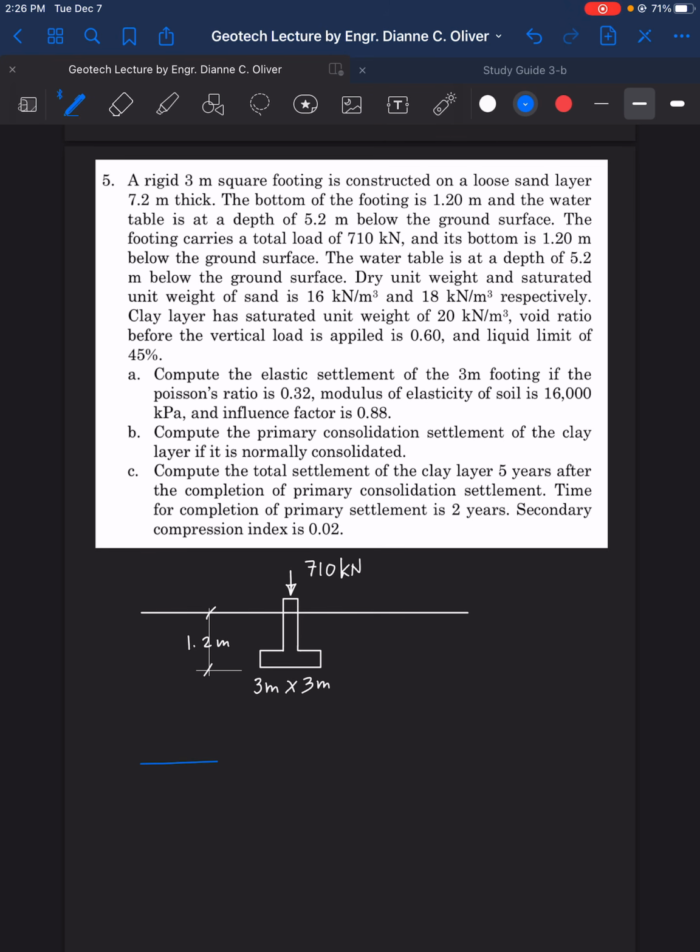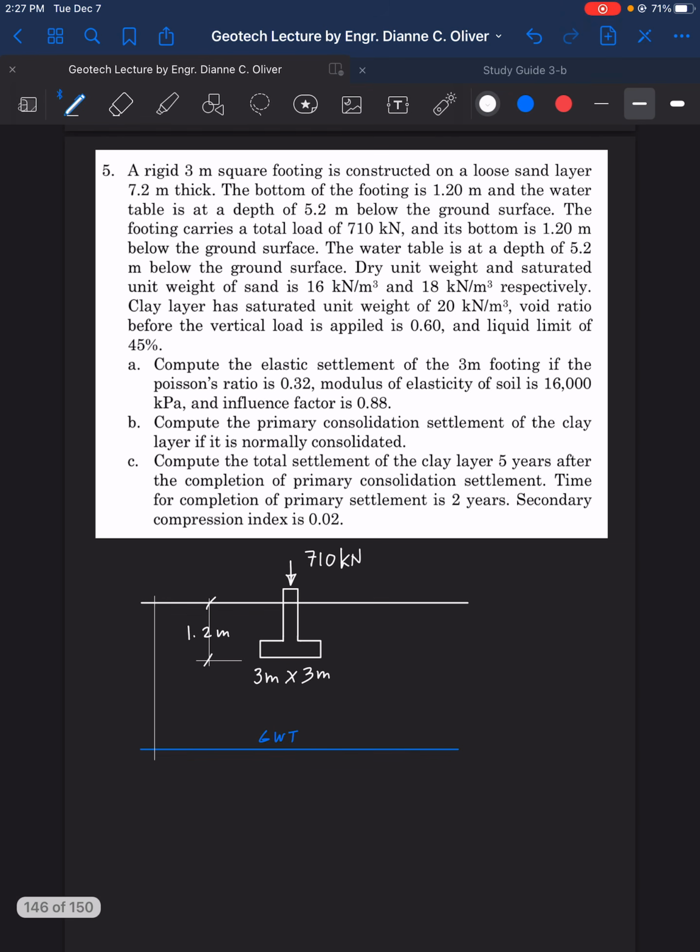So let's put it here, groundwater table, 5.2 meters below the ground surface. Therefore, this one here is 4 meters.